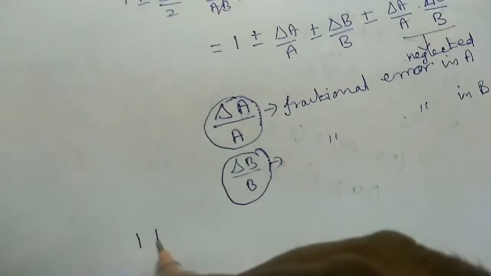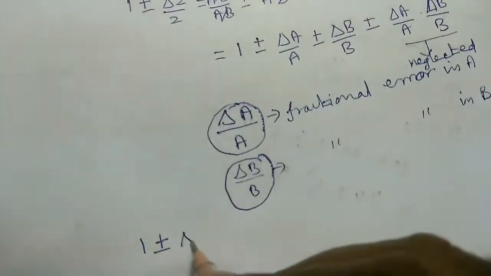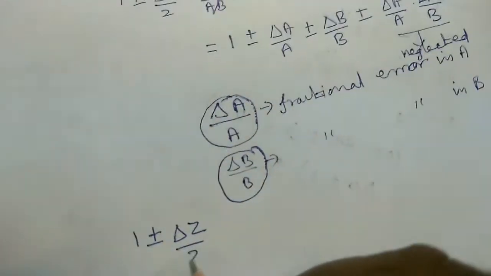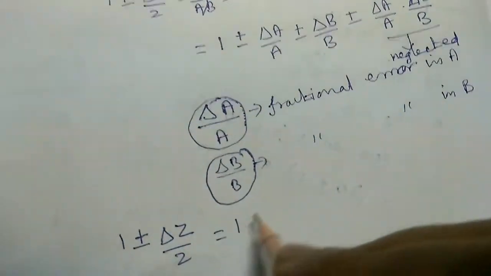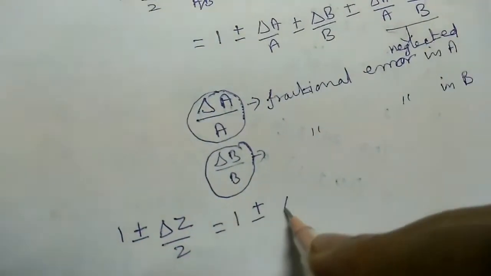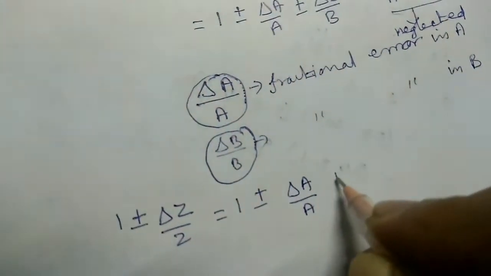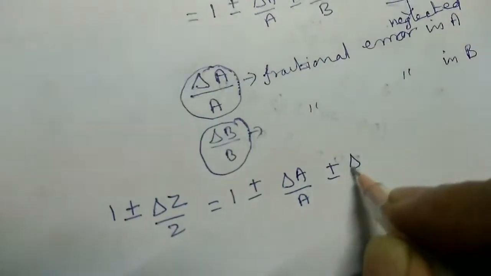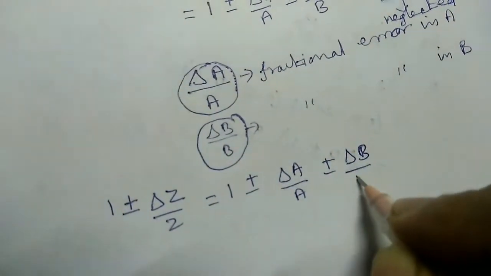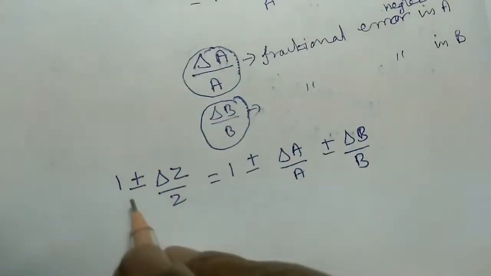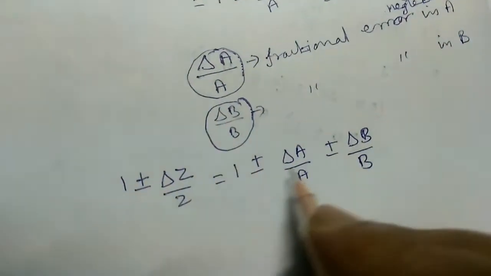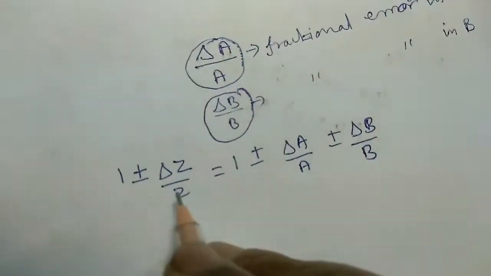So finally what is left? One plus or minus del A by A plus or minus del B by B. So compare both sides. Here also 1, here also 1.